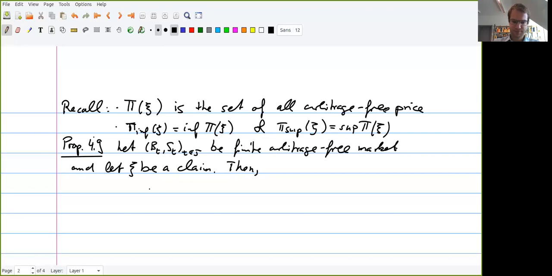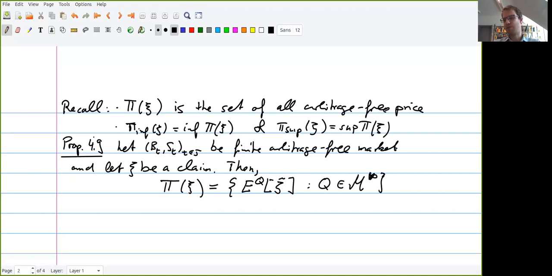Then the set of arbitrage-free prices, pi of psi, is given by the set of all expectations under a martingale measure Q of the discounted claim. Q is a martingale measure, and this is usually the discounted version of the claim. Since the market is arbitrage-free, this set is non-empty.